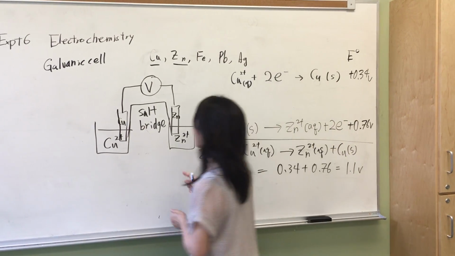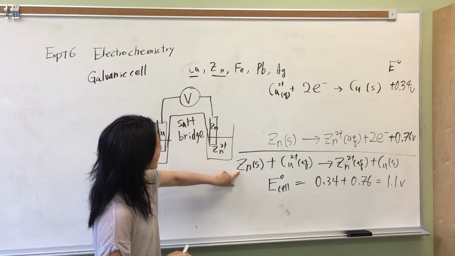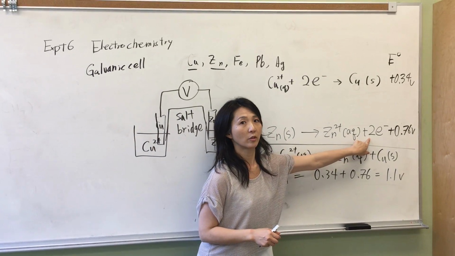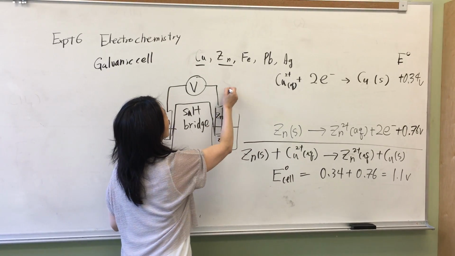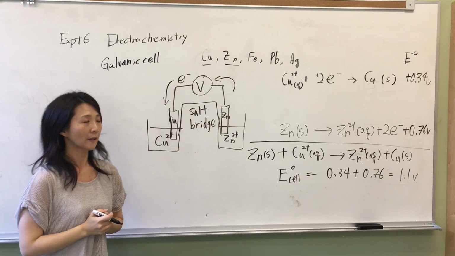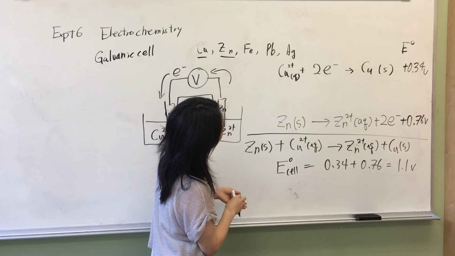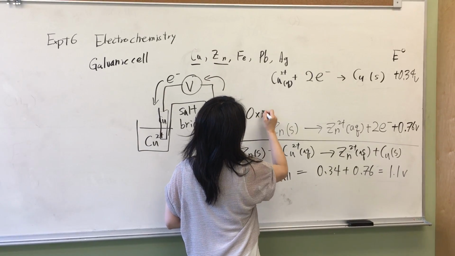So if you look at this one, zinc is the one that releases the electrons. So the electron flow is gonna be from zinc to copper. This one is oxidized, so this one is oxidation.